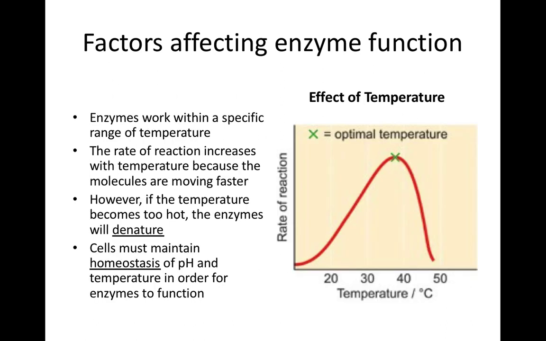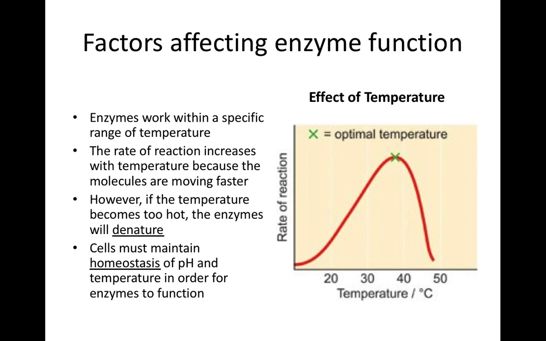As mentioned with the example of cooking, temperature affects enzyme function as well. Notice on this graph that the slope on either side of the curve is quite different. On the left, the slope is more gradual. This is because increasing the temperature gradually increases the motion of the molecules so that the substrates collide with the enzymes at a faster rate, increasing the rate of reaction.